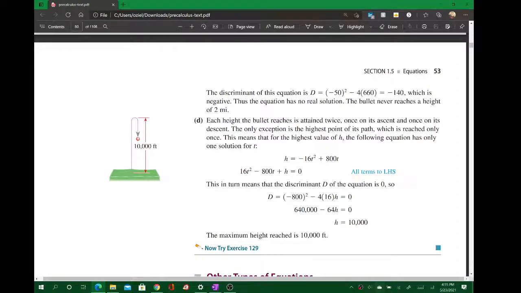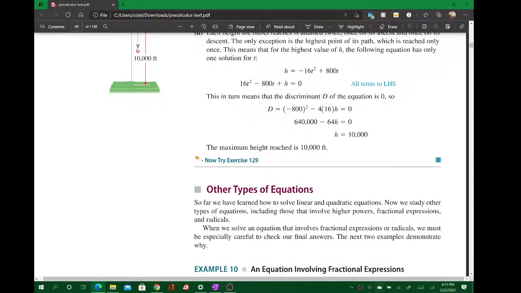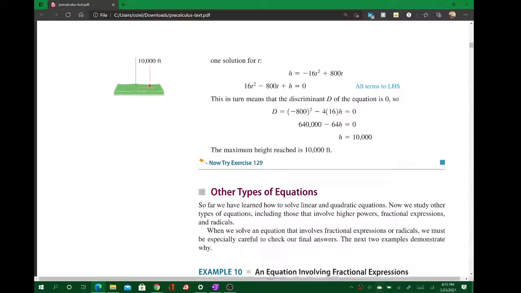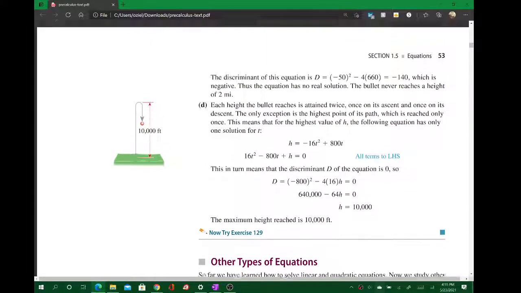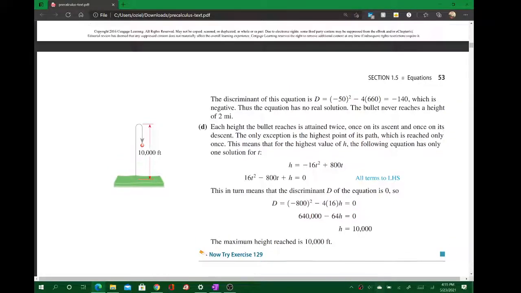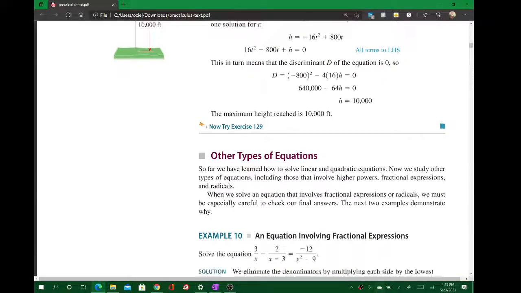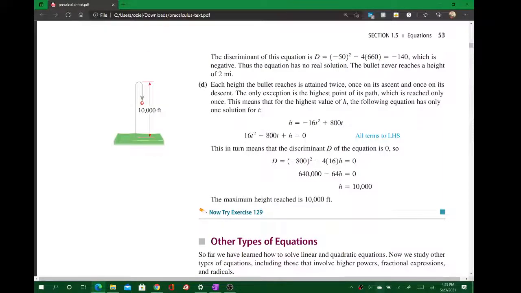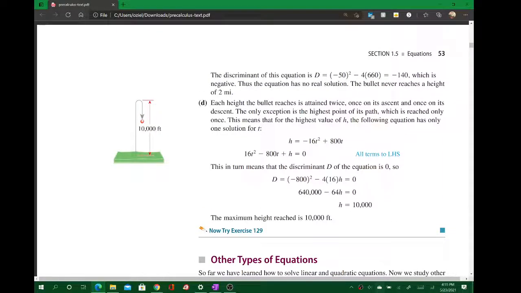Okay, this last one's interesting. I had thought that they were doing it in a different way. It looks like what they did was they found the discriminant of the equation. I am so sorry, guys, I did not know they were solving it this way. They solved for the discriminant, and they got h equals 10,000.